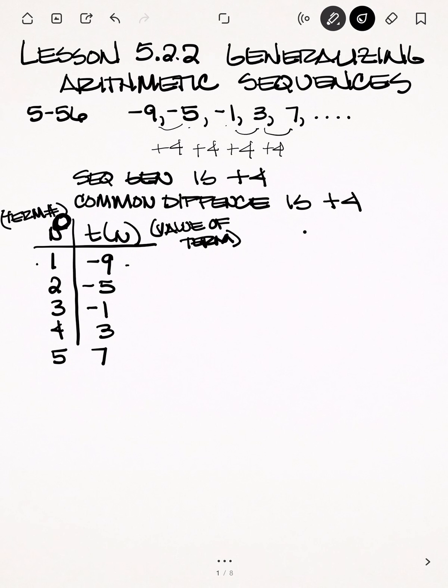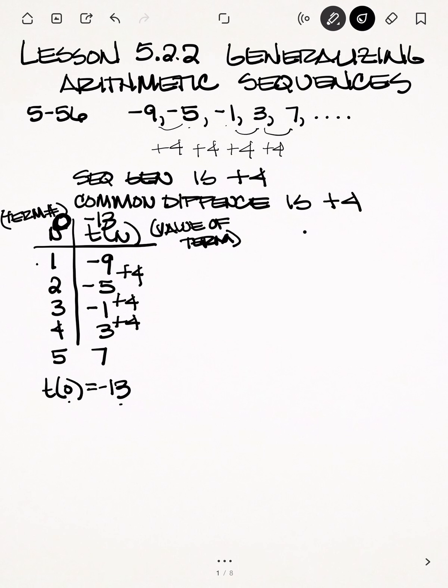If we are adding 4 each time, that is our slope. So when we go backwards to find the value of the 0 term, we take -9 and subtract 4, so that would be -13. So t of 0 is -13. When n is 0, the value is -13.